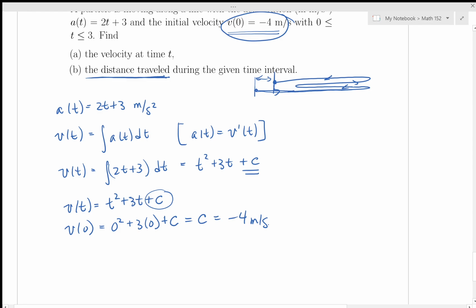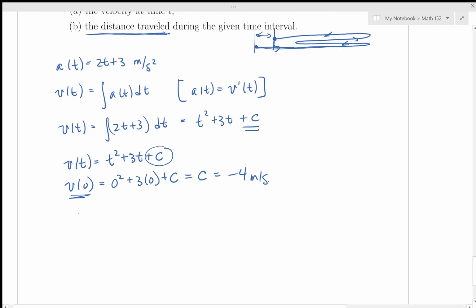So I have now, in this problem, fixed the constant to minus 4. If when you integrate you leave out the plus c, you have no way of incorporating the information you have about the velocity at an initial time. This is often called an initial condition, because at time 0, when the clock starts, we're being told something. That's what we call an initial condition.